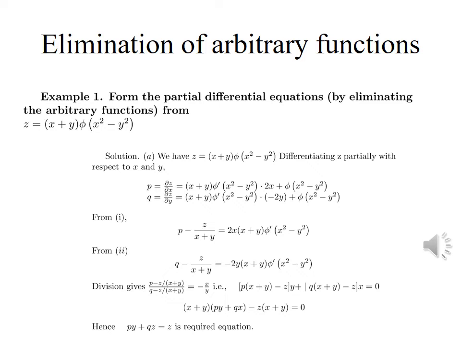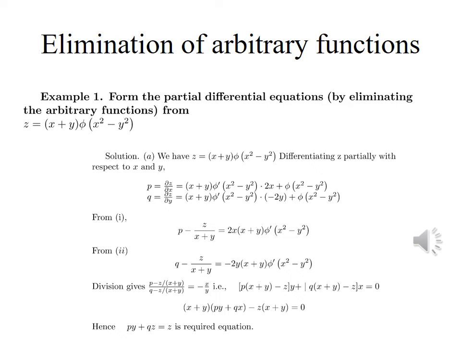Now when you find the partial derivative with respect to y, dou z by dou y equal to q equal to x plus y into the first derivative phi dash of x square minus y square into minus 2y plus phi of x square minus y square into dou by dou y of x plus y, that is 1.